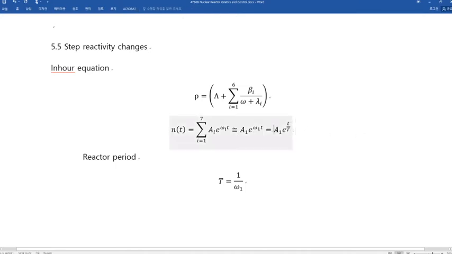And this will be rewritten as a1 exponential t over reactor period. So we define reactor period as 1 over omega 1, 1 over the biggest omega. So this is what we studied last time.